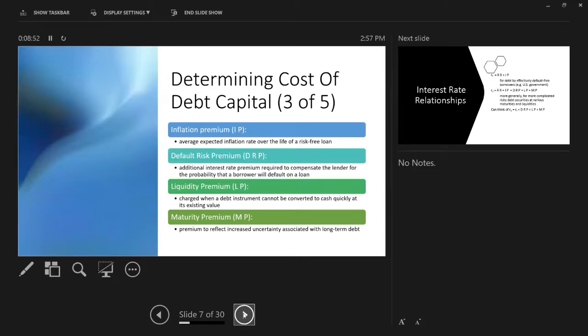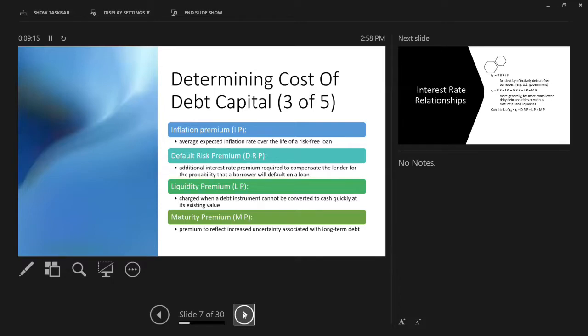It is the average expected inflation rate over the life of a risk-free loan. So if you are borrowing a loan for 10 years, then we calculate the average expected inflation rate. That's what we call inflation premium, or IP.